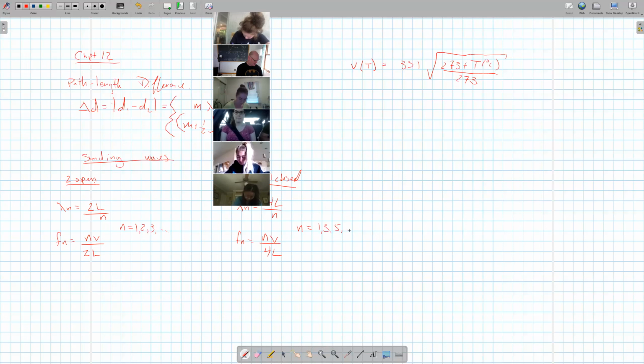Good. And then after that, we saw beats. So a beat frequency is simply equal to the difference between the frequencies, F1 minus F2, which we call F beat. Okay, so that's our beat frequency.